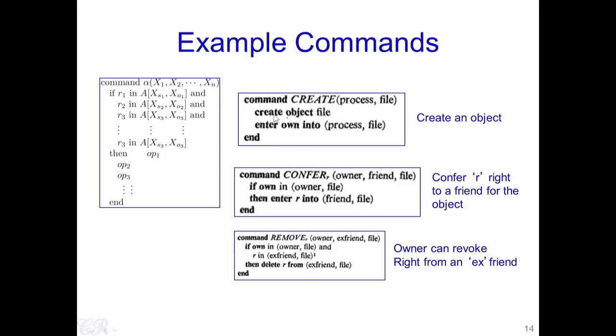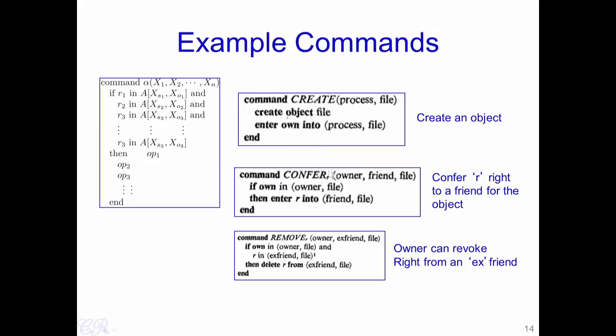First we use the primitive operations, create an object file, and then enter own into that process comma file. This process comma file corresponds to the cell in the access matrix. So, if this particular command is not present, then it will not be possible for a process to actually create a particular file. This is a very simple example.